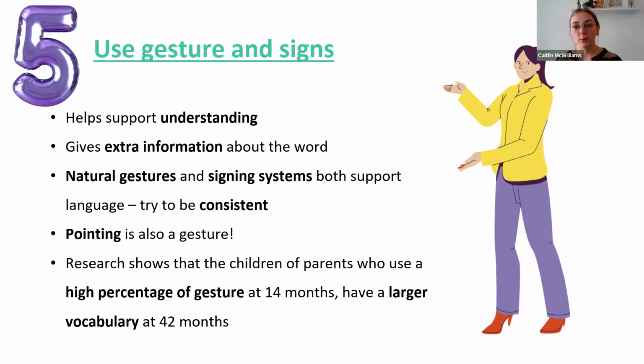So if, for example, I said to you, the toilets are up the stairs, I haven't said that that's going up a spiral staircase, but you might have already understood that just because I did a circular motion with my hand rather than just pointing upwards. So there's loads of little bits of info that we give without even realizing with natural gesture.